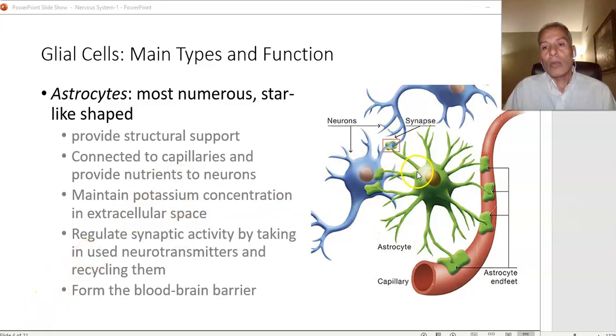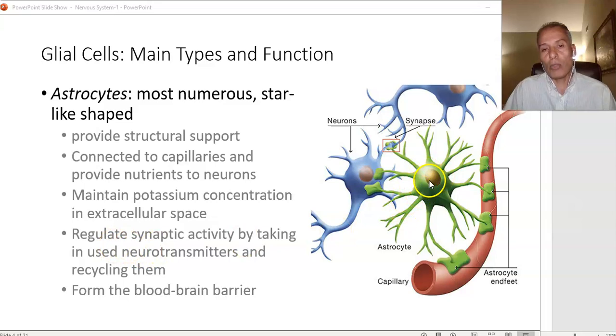The astrocytes also regulate the synaptic activity. A synapse is a point of contact between two neurons when they communicate together. We don't have one here, but I'll explain it later.